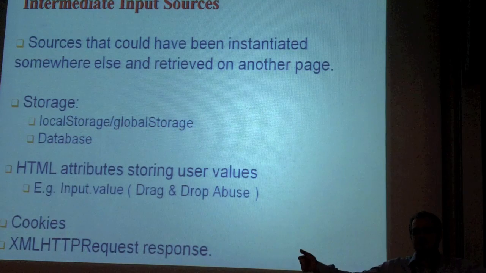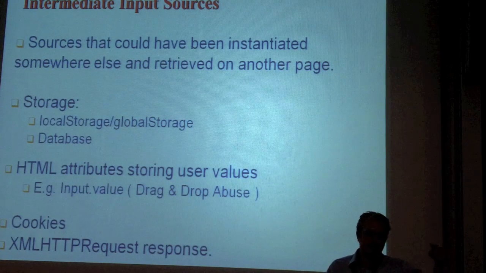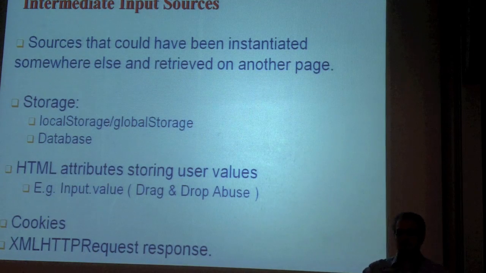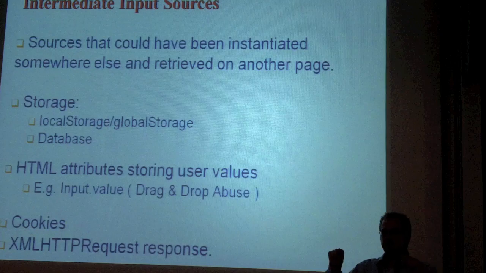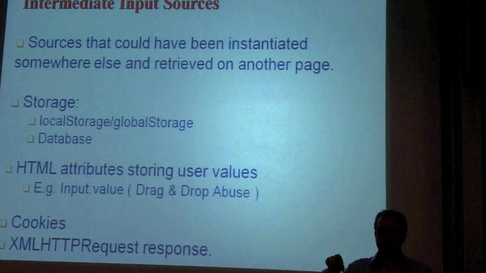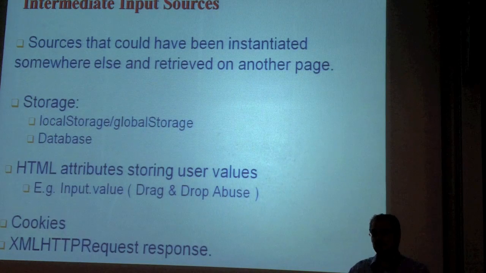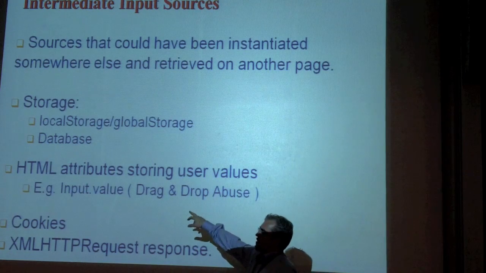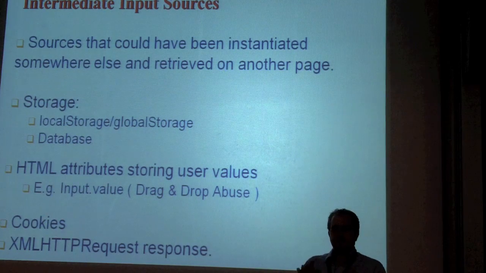So there is no direct connection, but there is an intermediate source. Same for input values, for example. They go to the server and then they come back populating or instantiating a value in an input box or something like that, and then it is taken by the JavaScript to perform some operation. Also, in these cases, there is another thing that can be done.